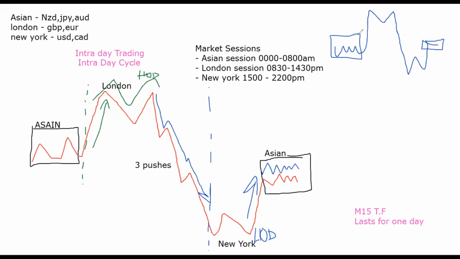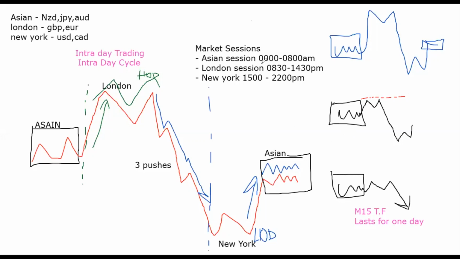Then there are cases whereby the market does not trend upward, it just maintains the low of that particular day. It maintains the high of that particular day and trends downwards. And there is the last variation whereby the market respects the high of that particular day and trends downwards.